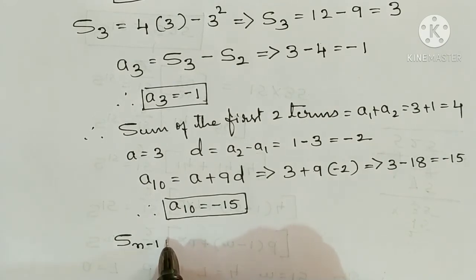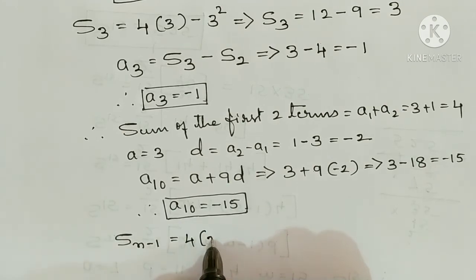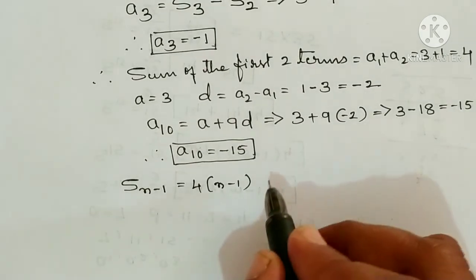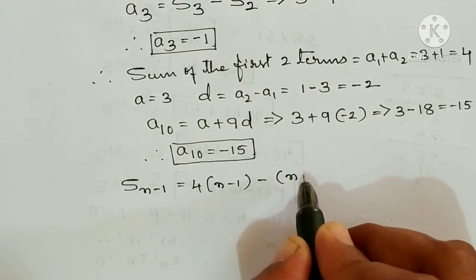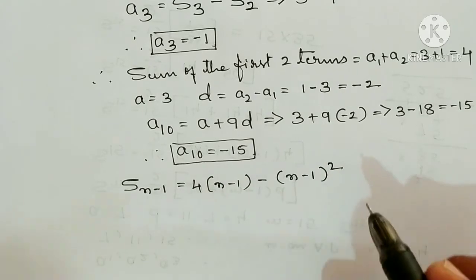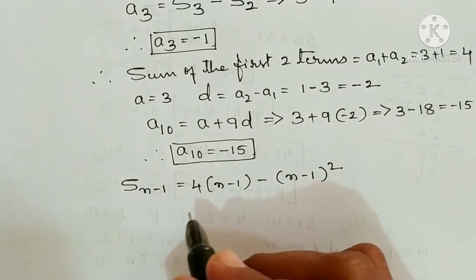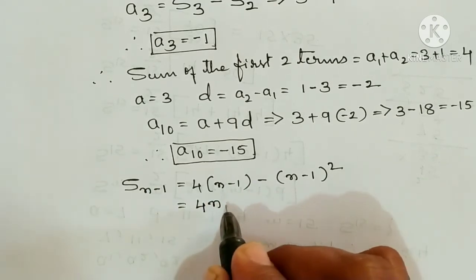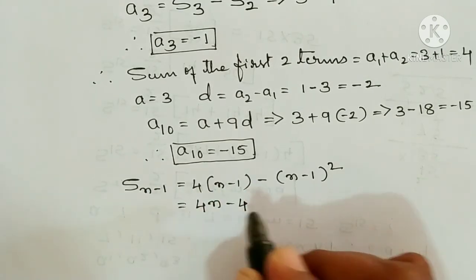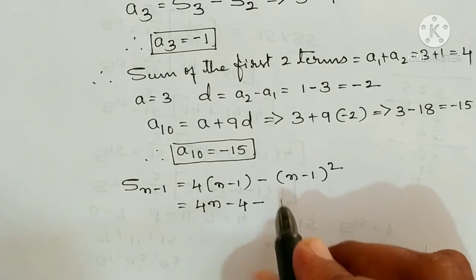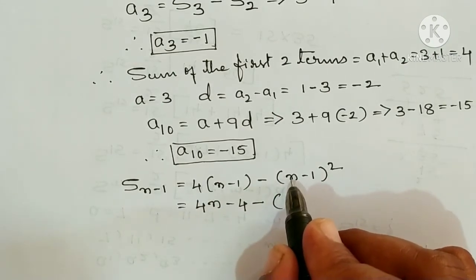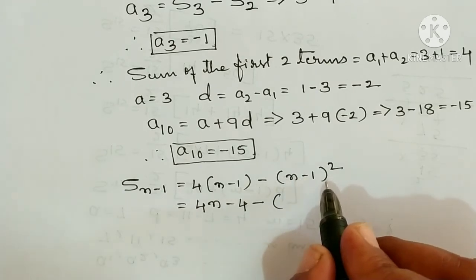Sn minus 1 is equal to 4 into n minus 1 minus n minus 1 whole square, according to the given equation. So multiply 4 into n, that is 4n, minus 4 ones are 4, then minus, here you should use the a minus b whole square formula, a square minus 2ab plus b square.